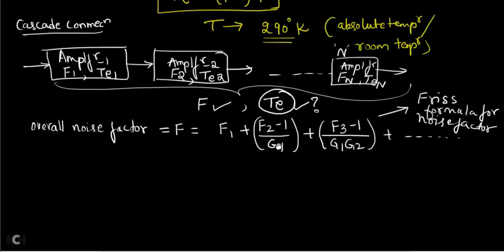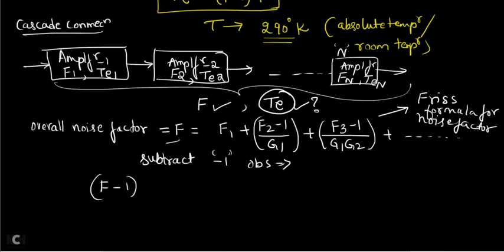For that, for this equation, subtract 1 on both the sides. Here also you subtract 1, here also you subtract 1. So now what you will get? F minus 1, correct?